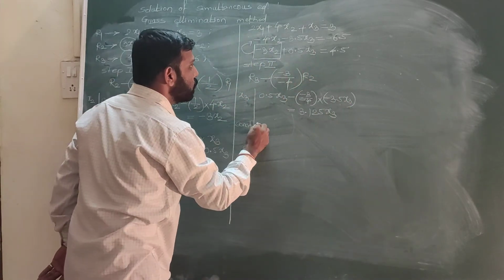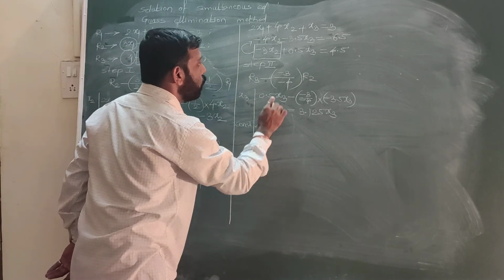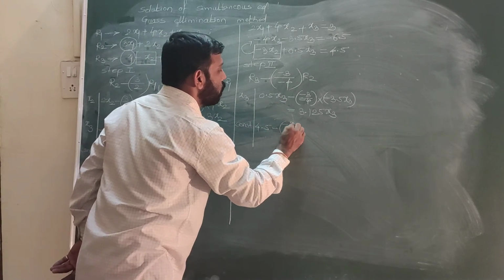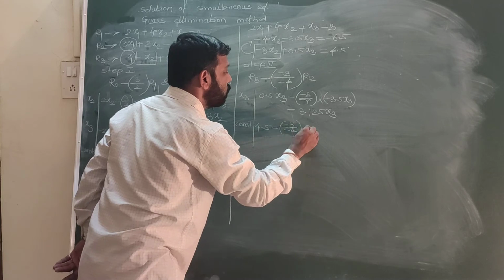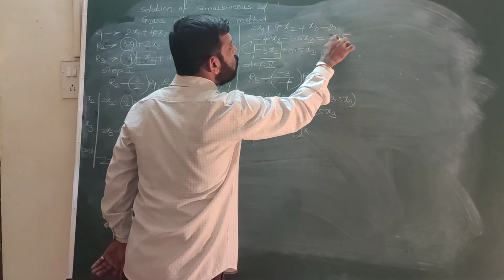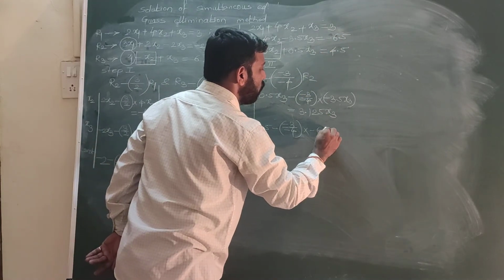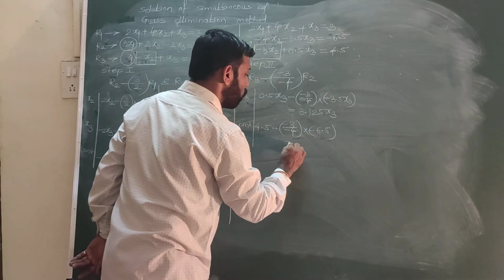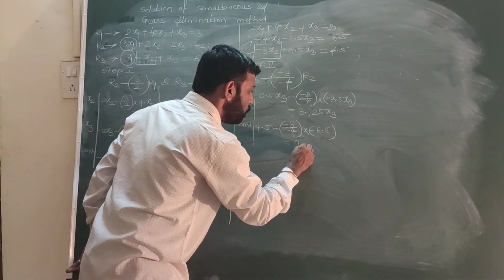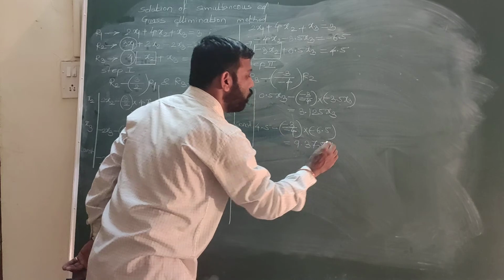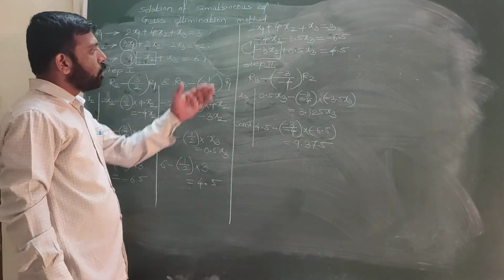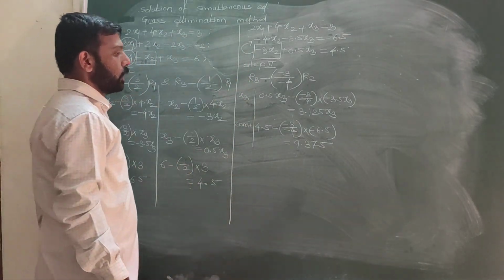For the constant, we'll discuss here: 4.5 minus multiplying factor into R2 constant minus 6.5. Calculation of this gives 9.375. So this completes our second step.